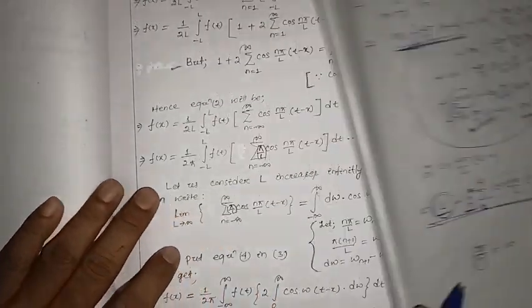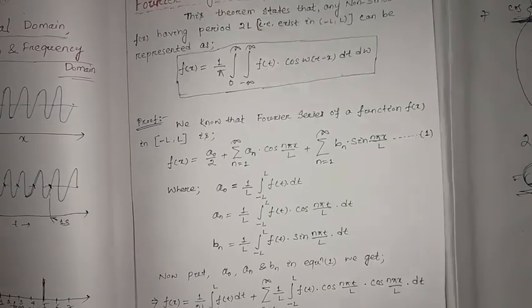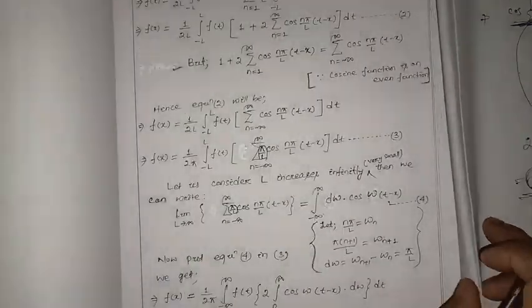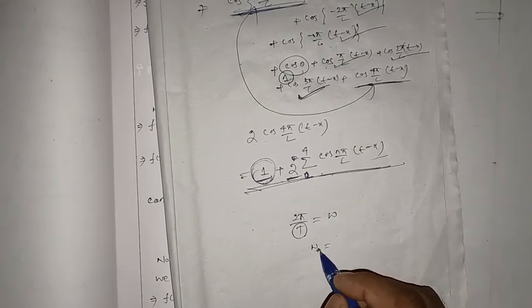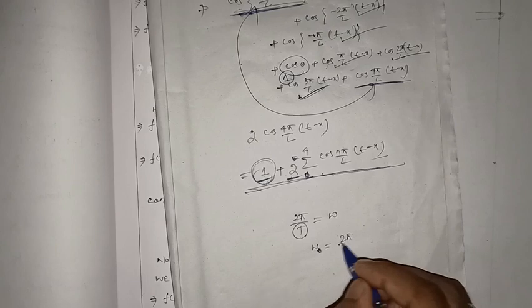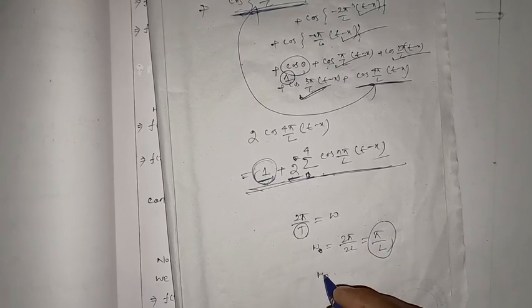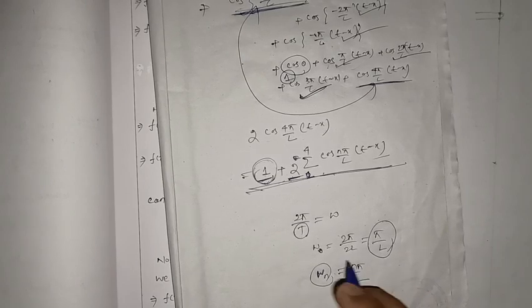Here the period is how much? 2L. Period is your 2L. So omega will be 2 pi by 2L, or pi by L. So for the nth frequency, it will be n pi by L.